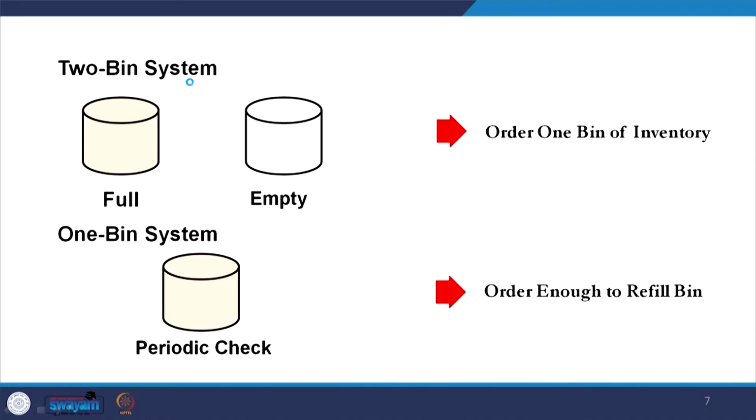You have to understand that you have a single bin, and in that single bin you have a particular mark of inventory. Like in this example, here you have a one bin system. In the one bin system, you have this particular point which is your reorder point. We have already discussed the meaning of reorder point in our previous classes.